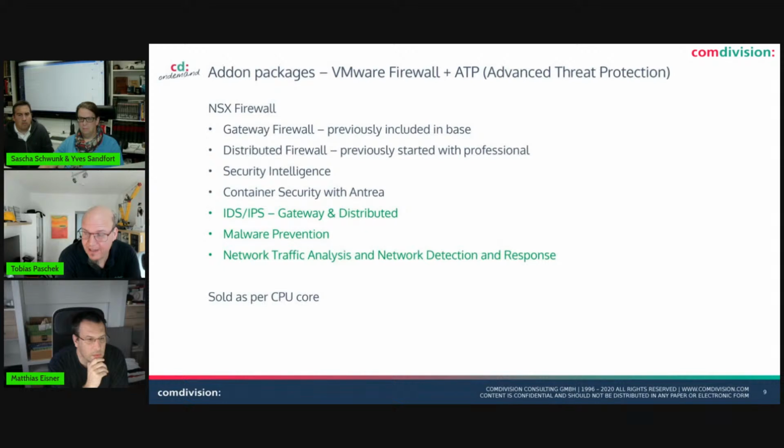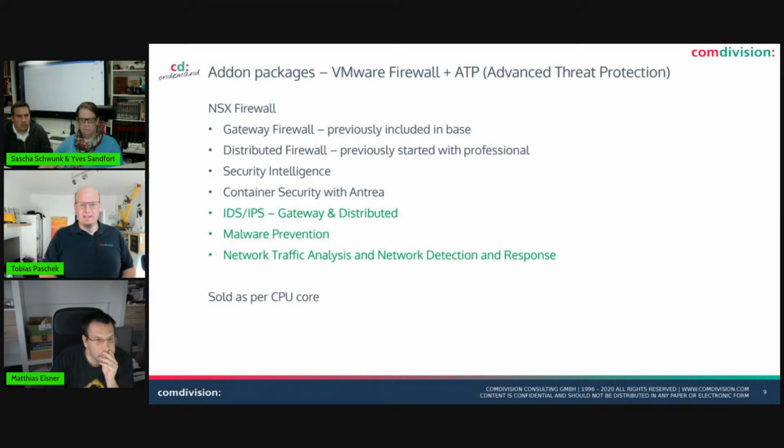Talking today, IDS is only available on the edge services. IPS is not available, but as far as I am aware, IPS on the edge nodes, on the north-south side, will be available with the next release, which should be roughly around March. But let's see what's really happening here.